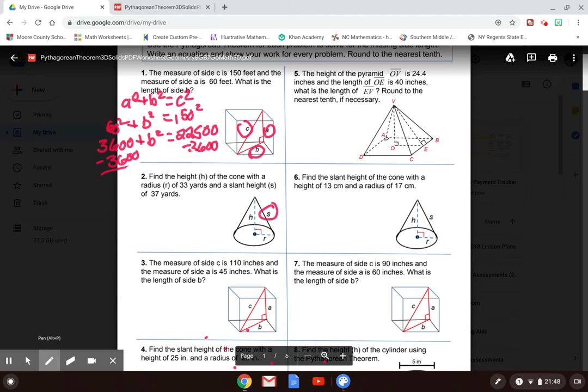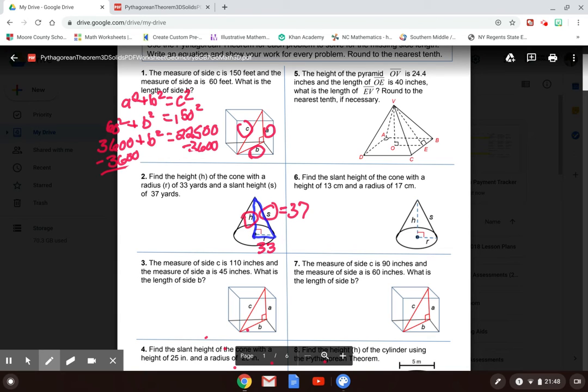And if you look at this, this is a right triangle. In this problem, you know your hypotenuse, because that slant height equals 37. And then the radius, which is right here, is 33. So again, we're looking for H.